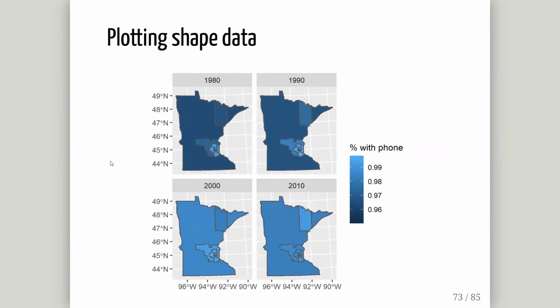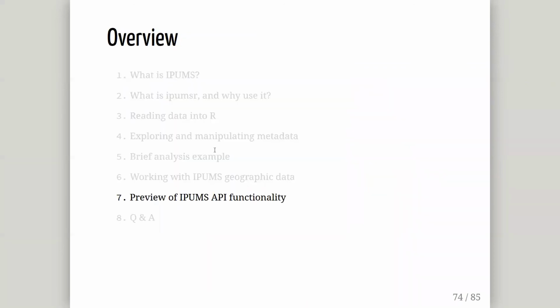So there's the code, and then you get a nice plot that again shows declining variation in access to a phone line, this time by geography in Minnesota. You can see one of these ConsPUMA units is most of the state. So it's not the finest geographic detail, but it serves for example purposes.